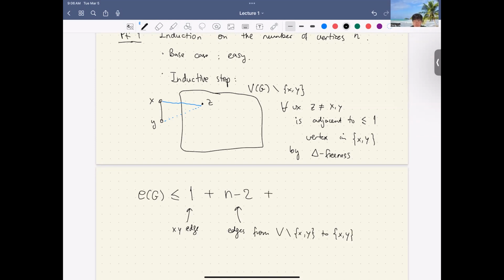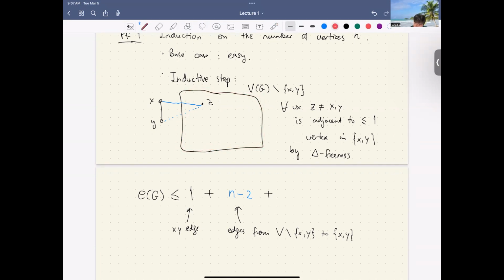Plus the last term. But what are the remaining edges? We have counted this edge, 1. We have counted all the blue crossing edges. And all the remaining edges lie in this box, and this is a strictly smaller graph. We can invoke our induction hypothesis.